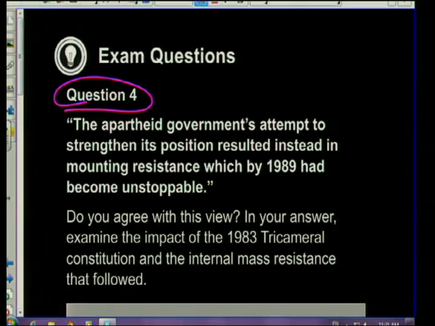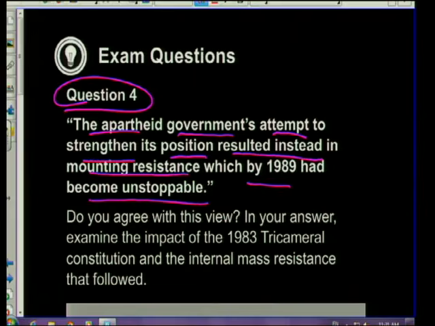Let's read the question. It reads, the apartheid government's attempt to strengthen its position resulted instead in mounting resistance, which by 1989 became unstoppable. Very important in essay writing is that you read the question first, have an idea of the statement in question.